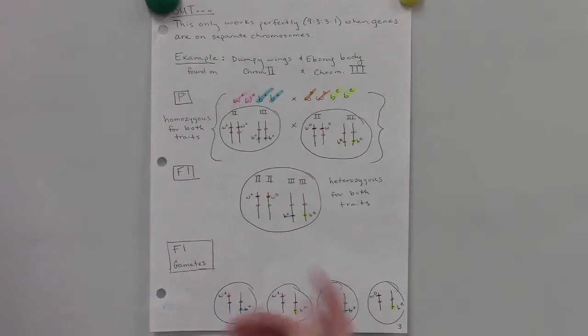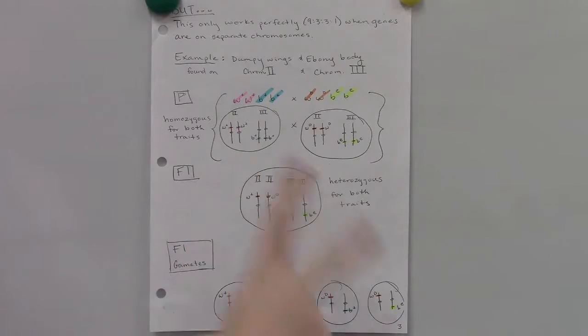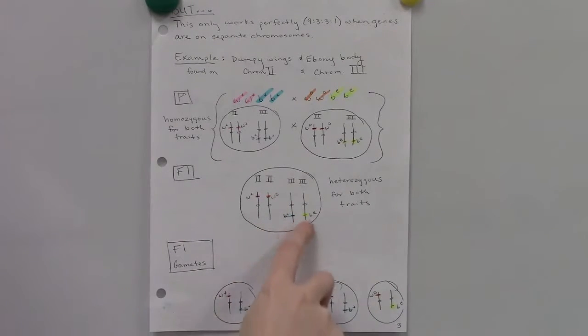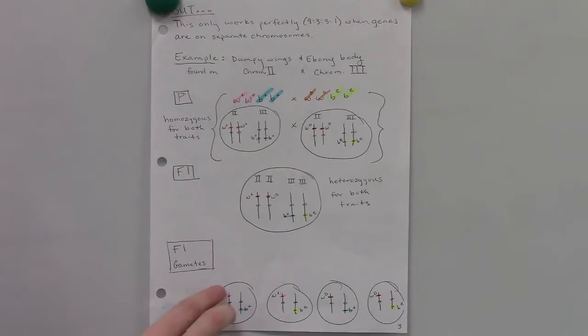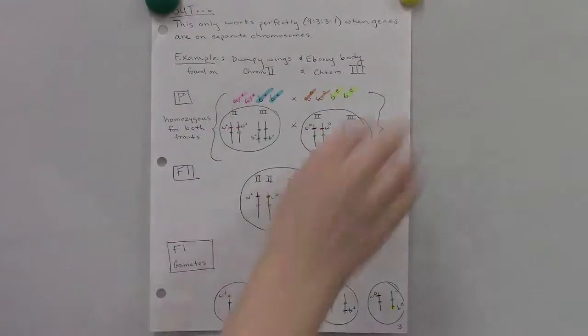Now, because these will now assort independently from each other, this heterozygous individual will make 4 different types of eggs or sperm, right? And so they have each of those different combinations that we demonstrated in the previous dihybrid cross. So, hooray!